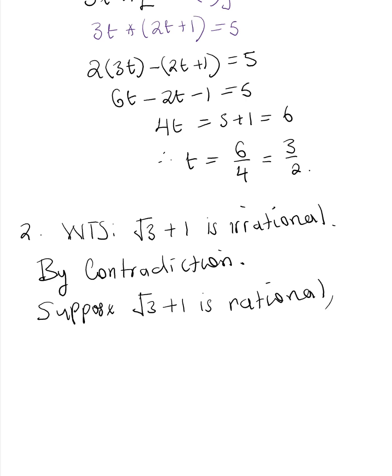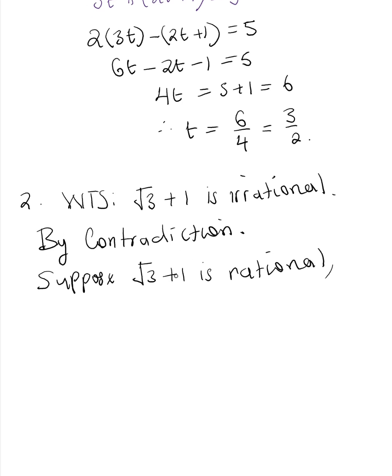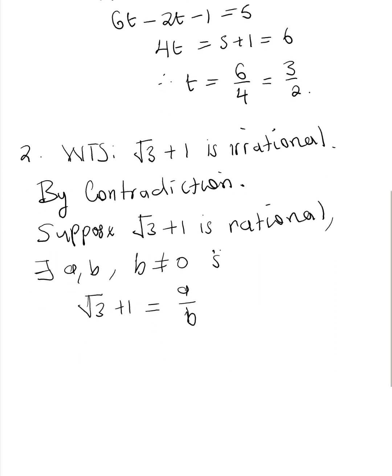What it means when this number is rational is that there exist some numbers a and b, with b not equal to 0, such that the square root of 3 plus 1 is equal to a over b, where a over b is a simplified fraction.